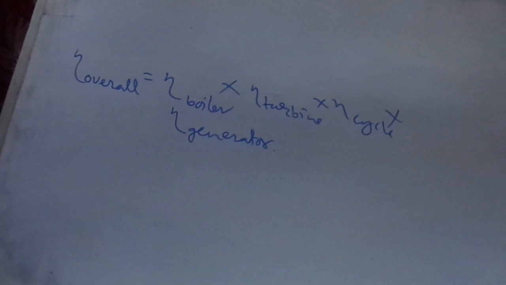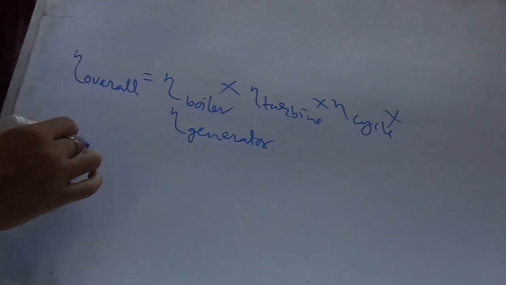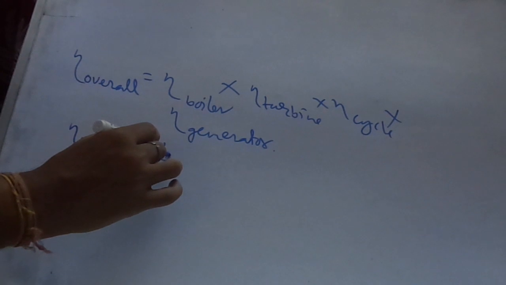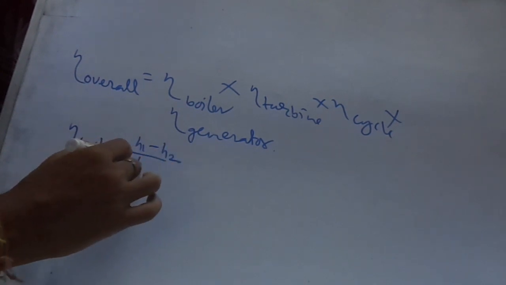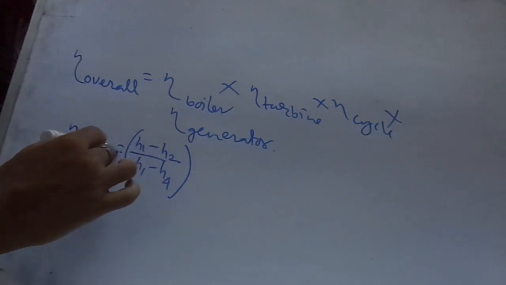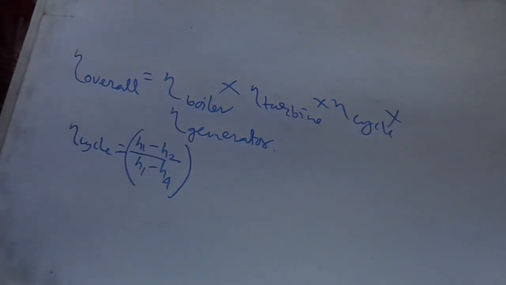And cycle efficiency, always remember, is H1 minus H2 divided by H1 minus H4.